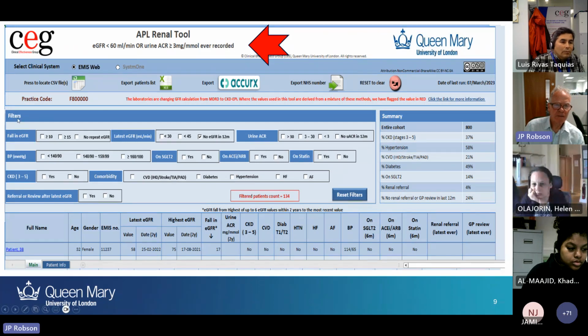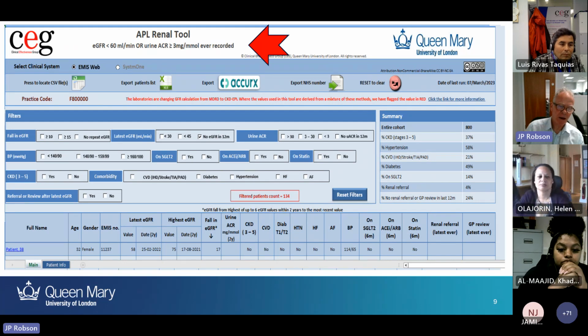Then you've got these series of filters in that middle pane, so you can look at people who've had a fall in their EGFR from their highest value within 2 years of more than 10 or more than 15, or people who've had no repeat EGFR done after that initial one that was taken.